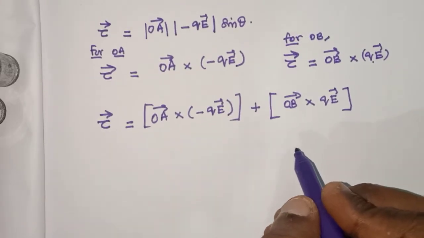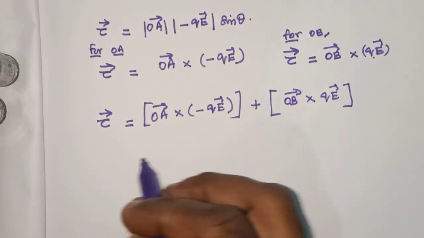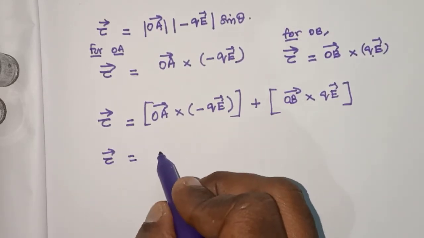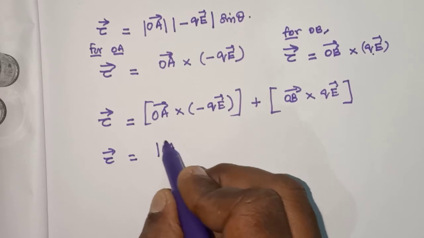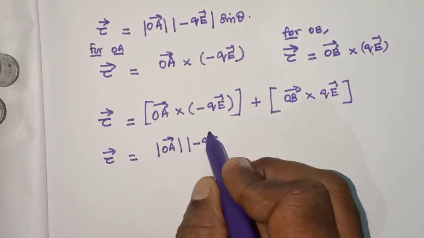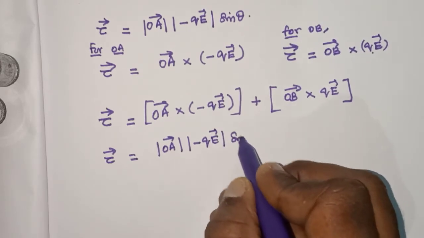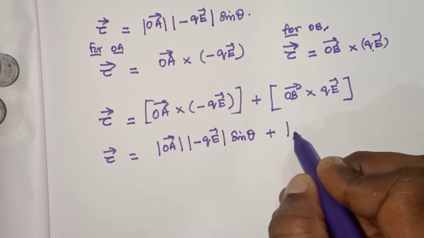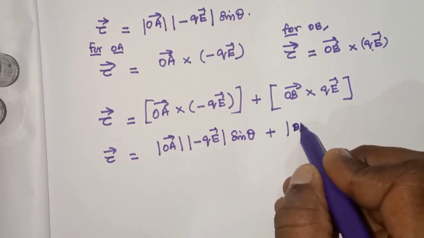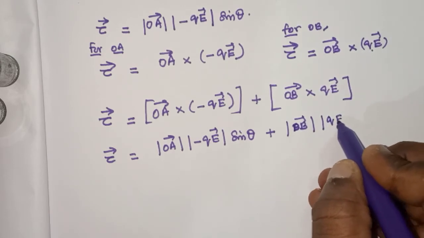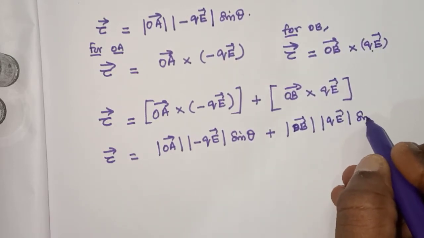So the cross product gives tau equal to modulus of OA times QE sin theta plus modulus of OB times QE sin theta.